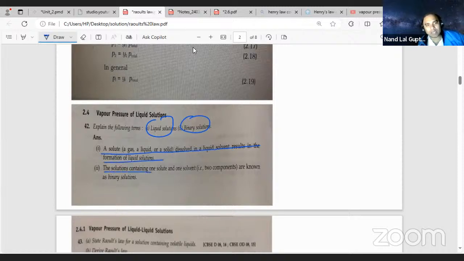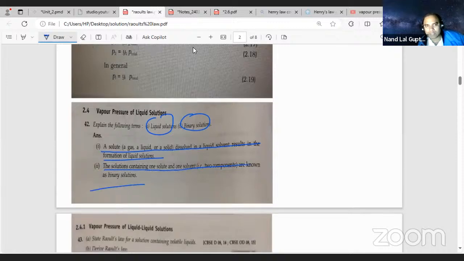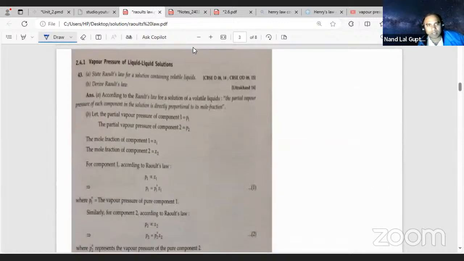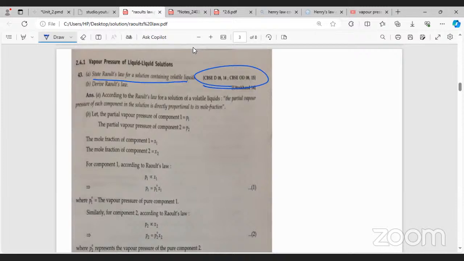A solution containing one solute and one solvent is known as a binary solution. Questions they ask in the exam: state Raoult's law for volatile liquids.